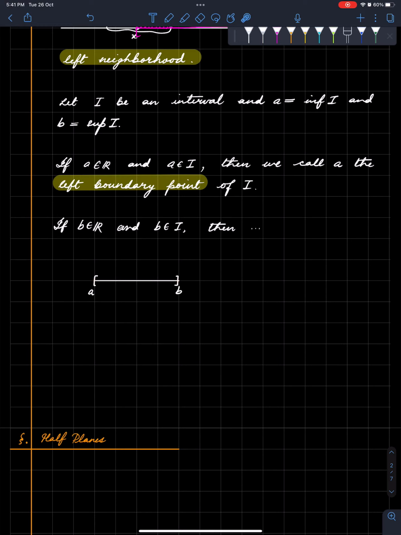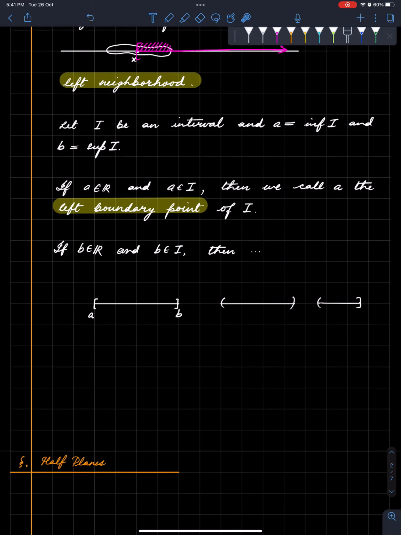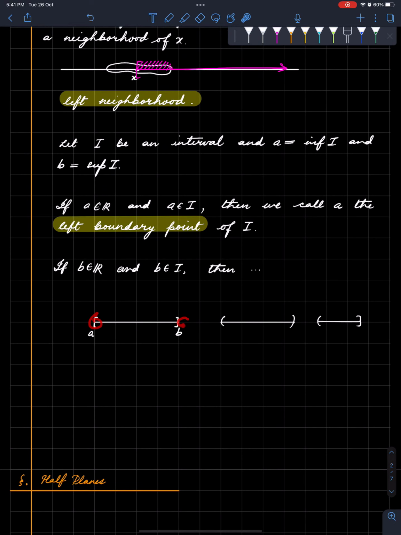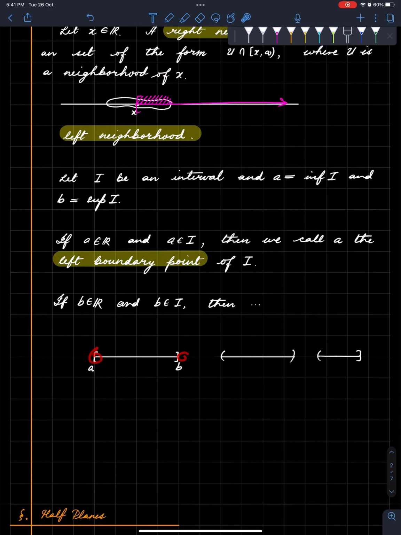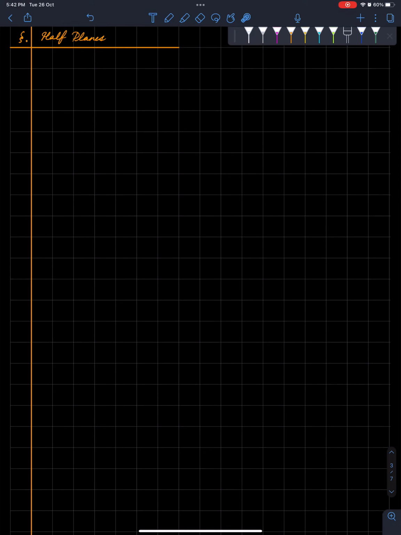And if you had an interval of this sort, this has no boundary points. This guy has no left boundary point, but it has a right boundary point and so on. So basically this definition is a complicated way of capturing something very, very visual. So very simple definitions.